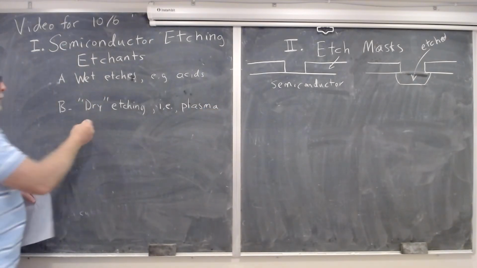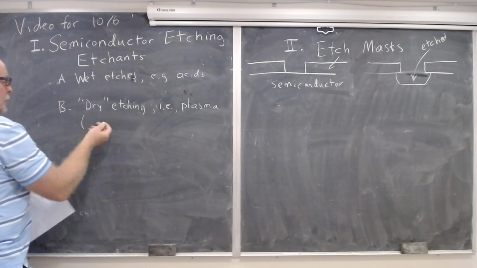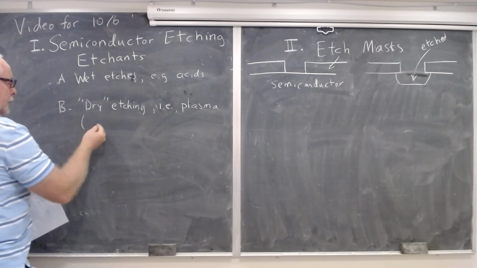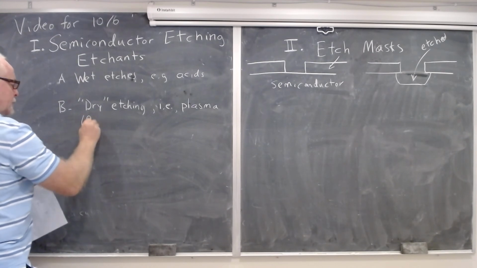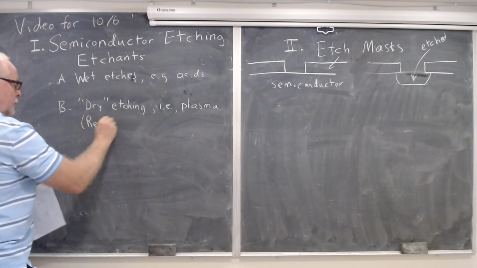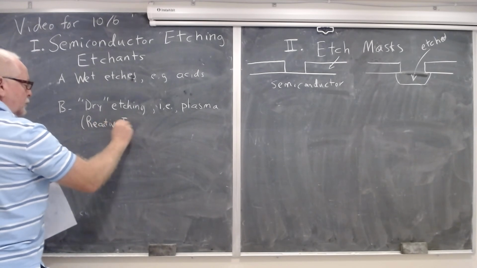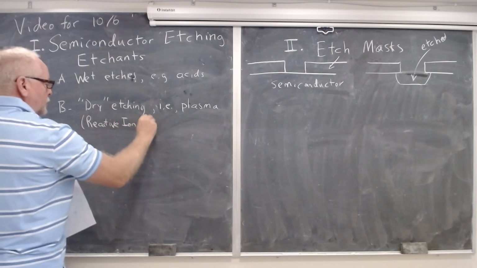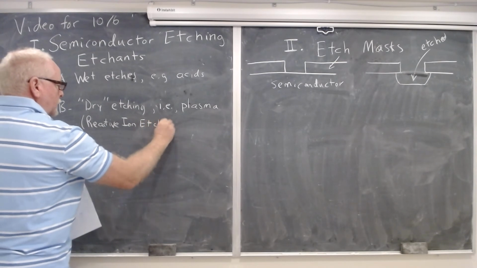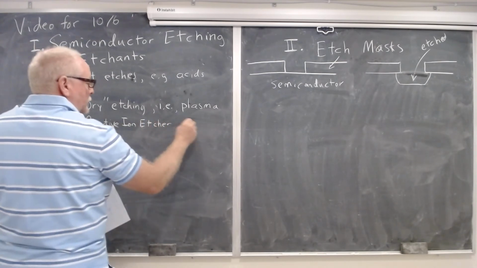So for here, there's what's called a reactive ion etcher, or RIE.